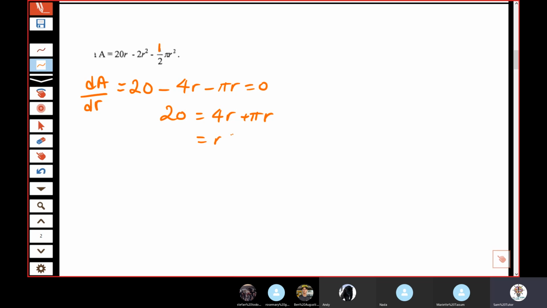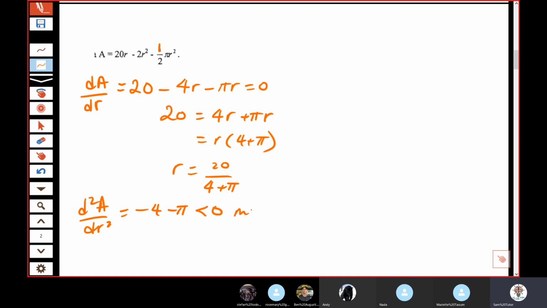Then I would factorize my r, and I'm done. R equals 20 over 4 plus pi. Then I would differentiate again. I get negative 4, negative pi, which we know is always less than 0, which means it's a max.